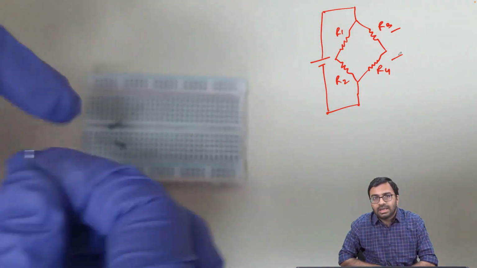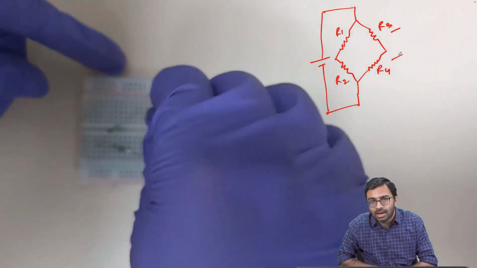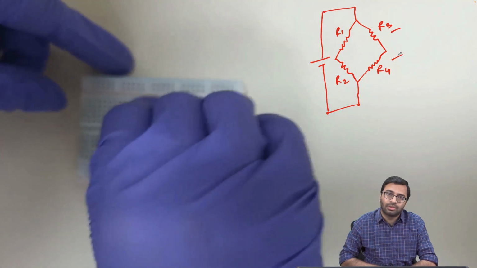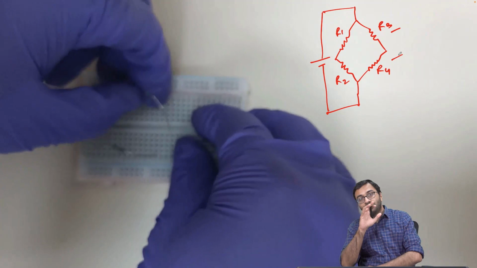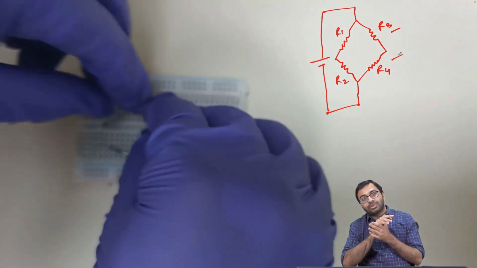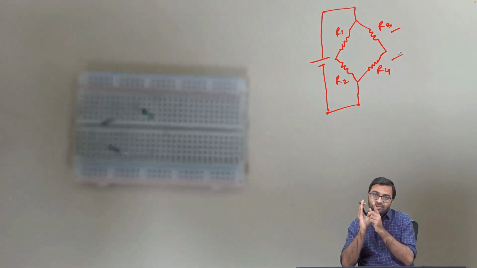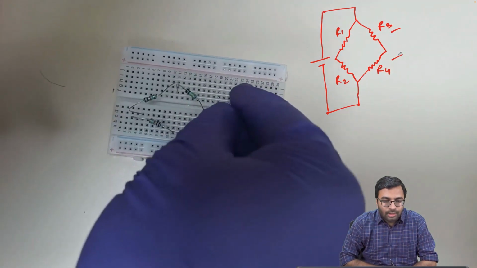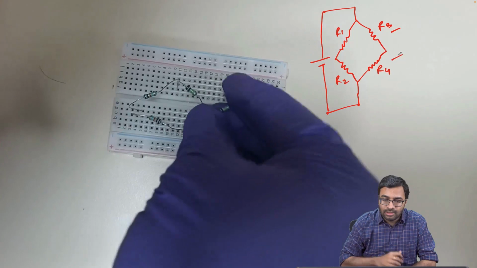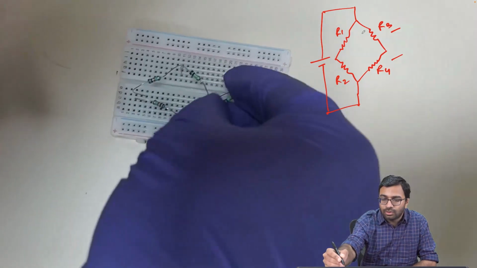Our purpose in this case is to maintain R1 by R2 is equal to R3 by R4, so that we can get a balanced Wheatstone Bridge circuit, and then we will try to check if that balanced Wheatstone Bridge circuit can provide us VAB is equal to 0 or not. So here we have now 4 different resistors connected in a Wheatstone Bridge circuit.